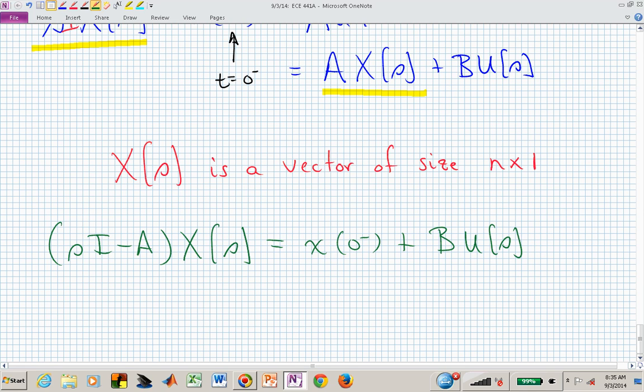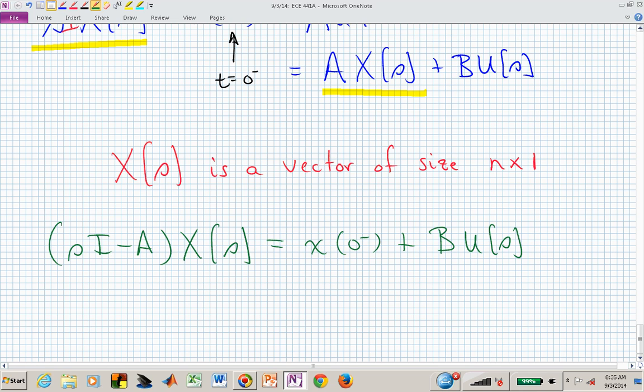And now we can solve for capital X of s, which is just the Laplace transform of our state variable, X. If it was a scalar, if it was our position, then it would just be a scalar x of t's Laplace transform, capital X of s.